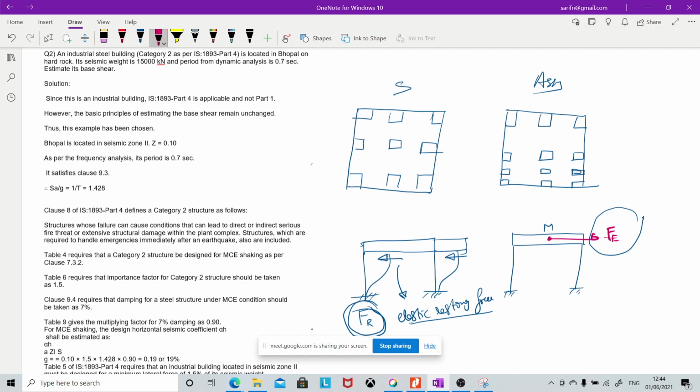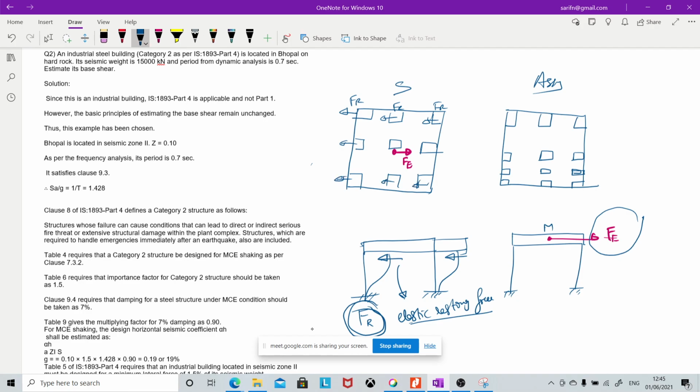So basically, now at the plan level, what you are having? At the center of mass, you are having the earthquake force. And at the level of each of the columns, you have Fr, Fr, Fr. So this is going to be there in all the columns.